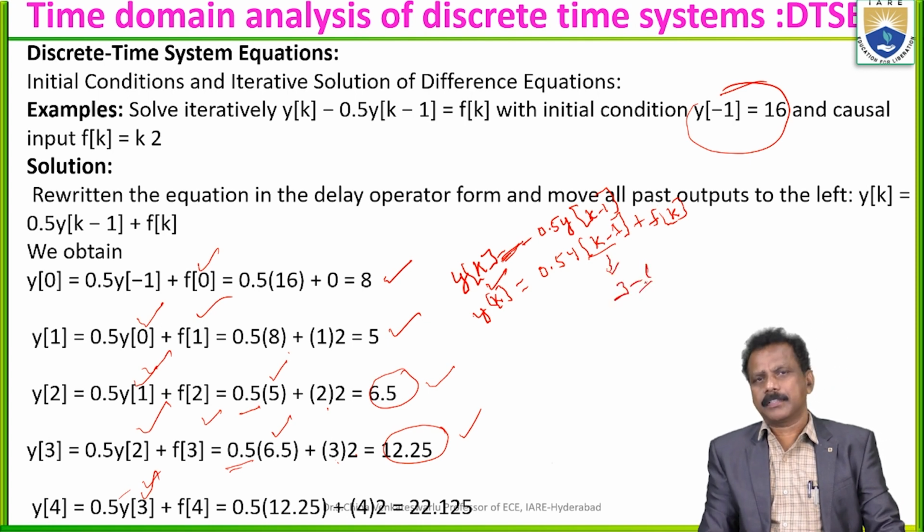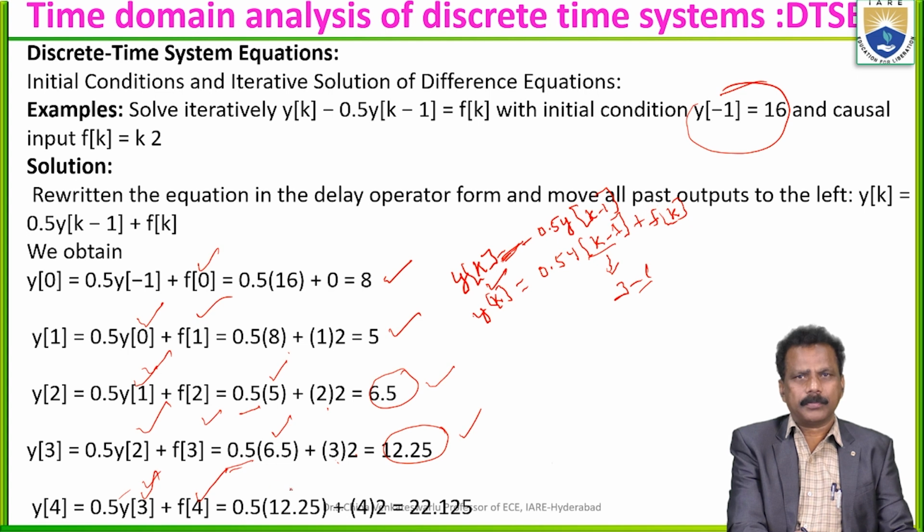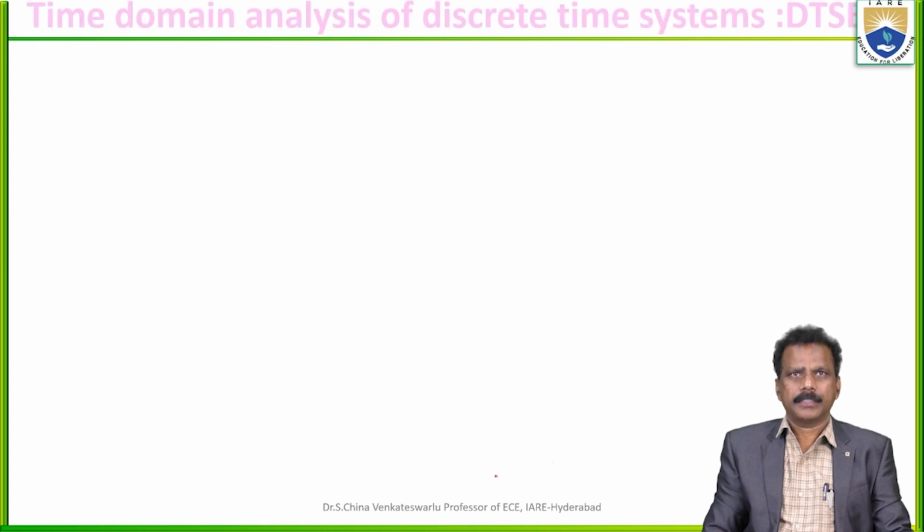That means 0.5 into 12.25 plus 4 into 2, which is nothing but 22.125.